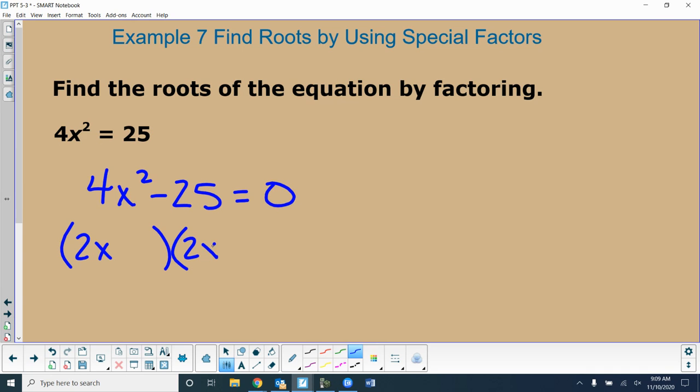What's the square root of 25? 5. Back of both. Then what? Plus and minus. Very good. And then what do I do with my 2 factors? Set them equal to 0 and solve them, right? Okay? I'm not going to finish that. You guys know what to do from there, right?